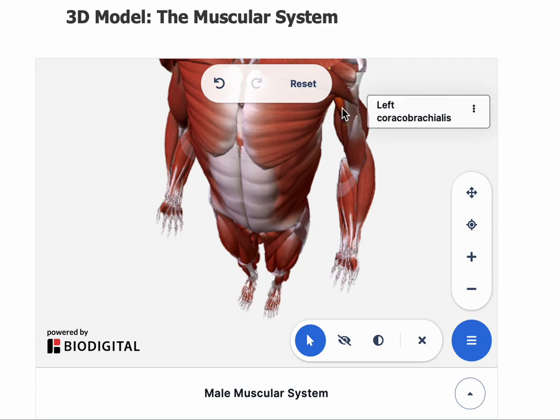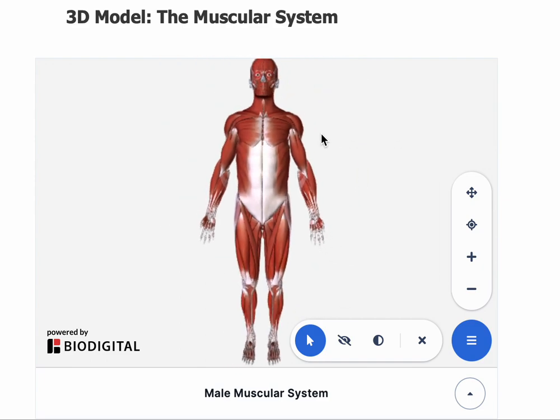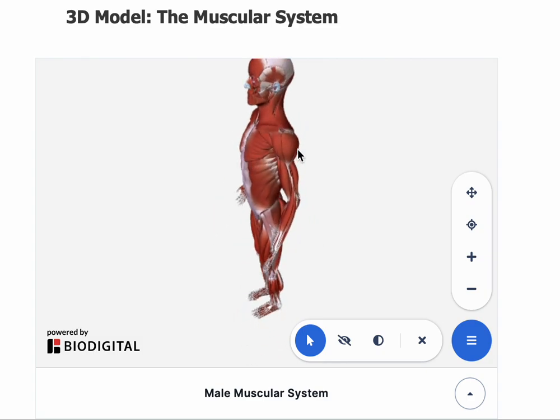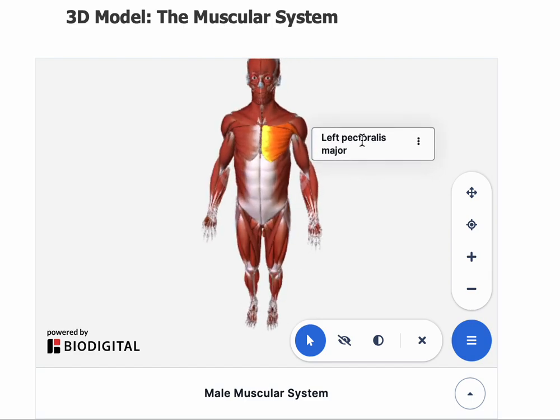Right there, the coracobrachialis, below the bicep. And like I said before, we also had use of a little bit of the deltoid and the pectoralis major. Those are the muscles that are involved when we lift our arm forward.